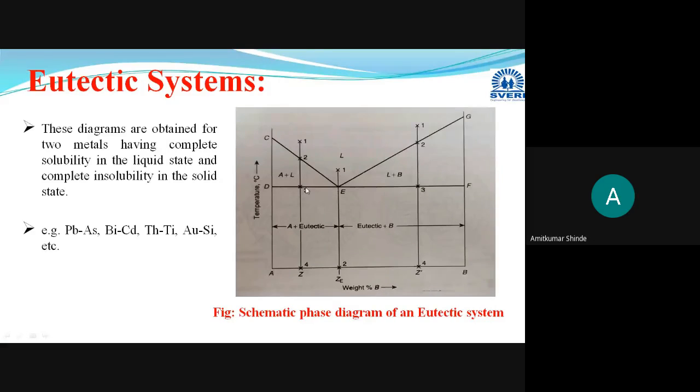At this line, when the temperature reaches point D, the liquid will get transformed to a mixture of two solids. That is the eutectic transformation reaction. But this element A has been separated before the actual eutectic transformation. That's why the element A separated before point 3 is termed proeutectic A.